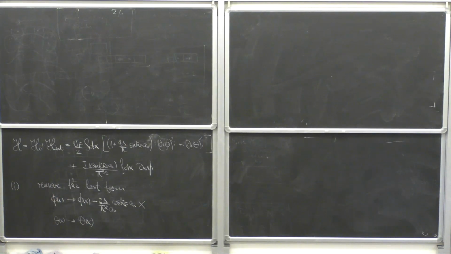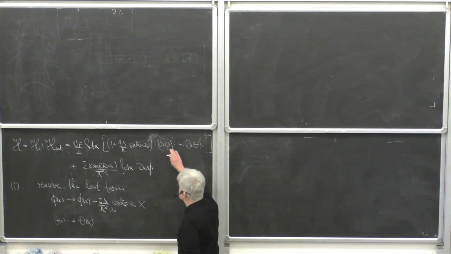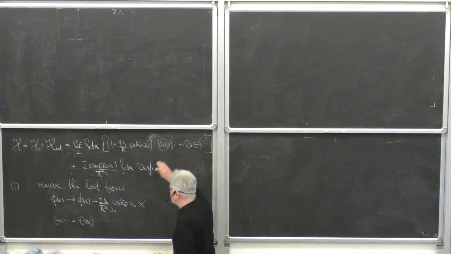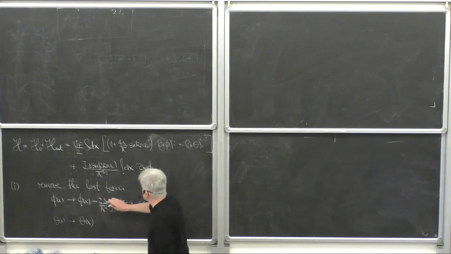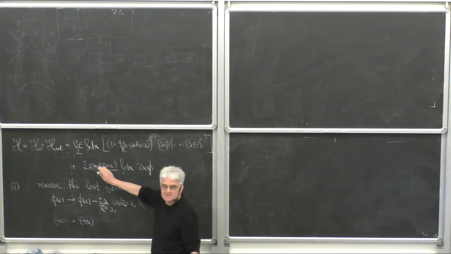Essentially the idea is, if you look at this term here, after this field redefinition you pick up a term sine kf times cosine kf, which precisely cancels this one here.